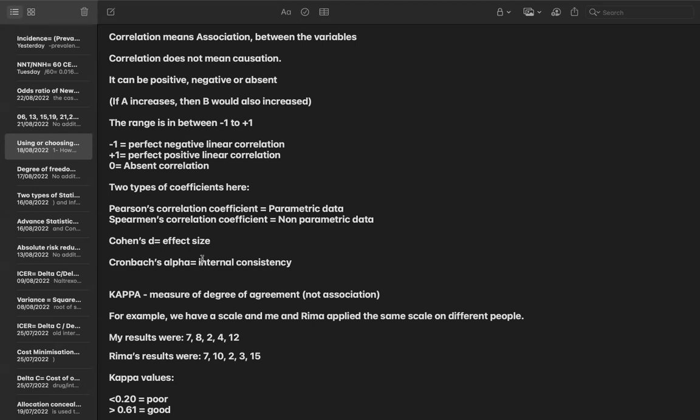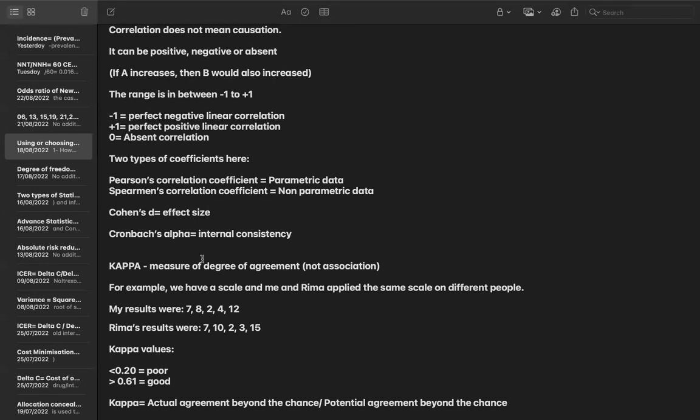Pearson correlation coefficient is denoted by R, and Spearman correlation coefficient is denoted by rho.